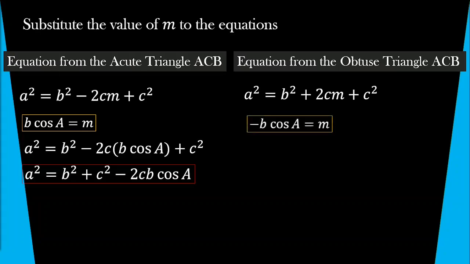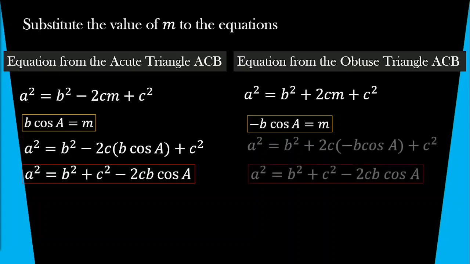Replace the value of m with negative b times cosine A. And now here it is. a squared is equal to b squared plus c squared minus 2 times c times b times cosine A.